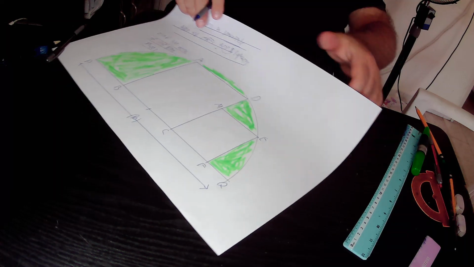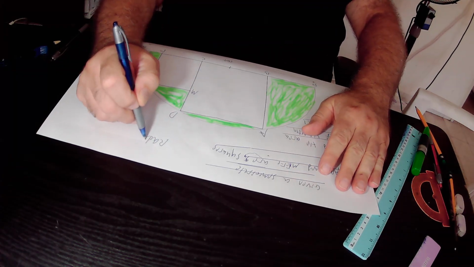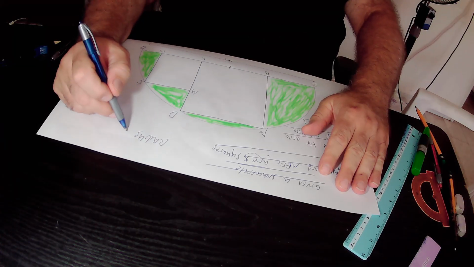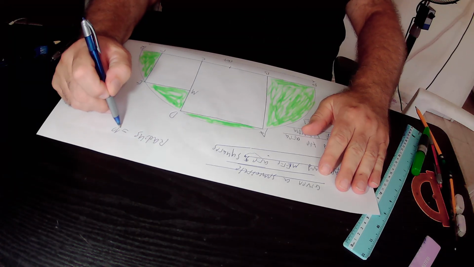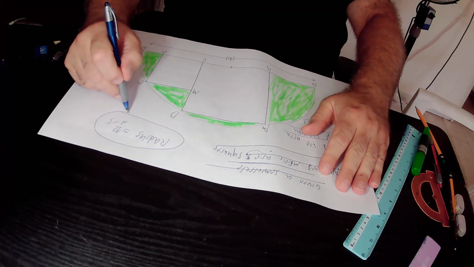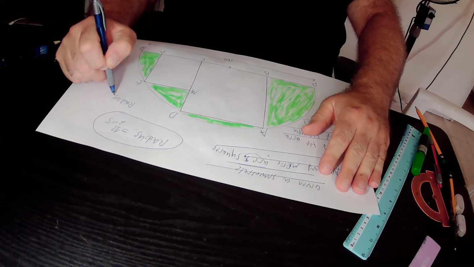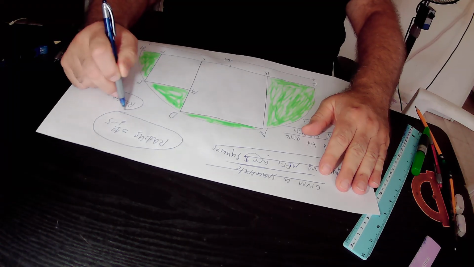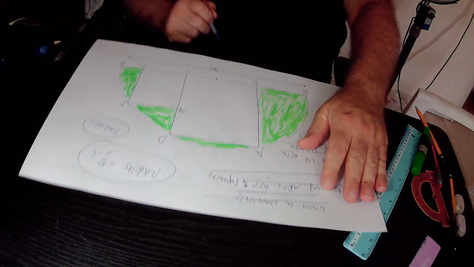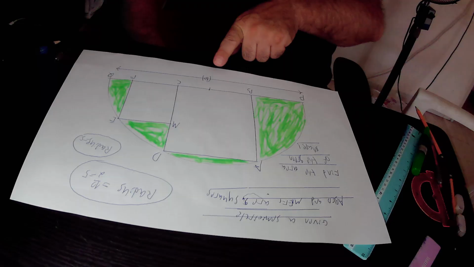So I write it down. The radius of the semicircle is equal to the diameter 10 over 2, that is 5. So the radius of this semicircle is equal to 5 units in its length. In the next step, we define the center of this semicircle.